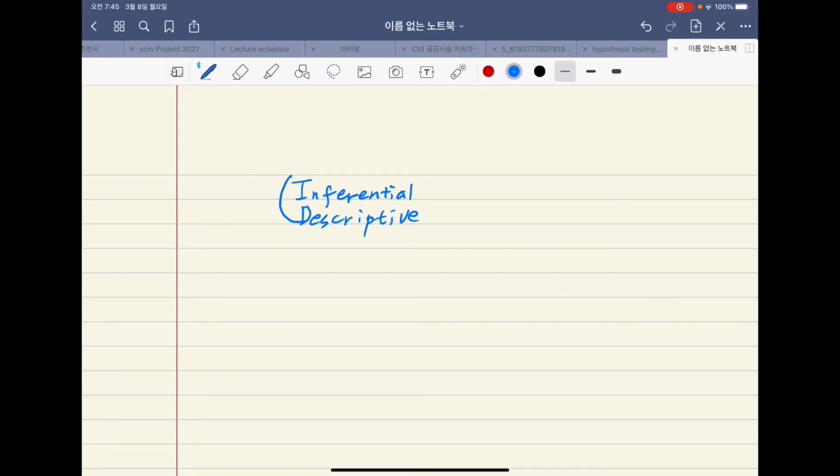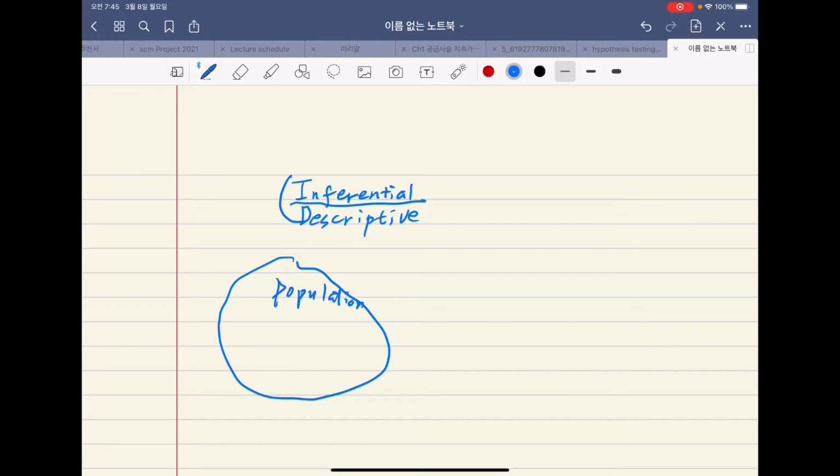So, what is inferential statistics? Suppose that we have a population here. This is the population. We want to know something about the population, right?